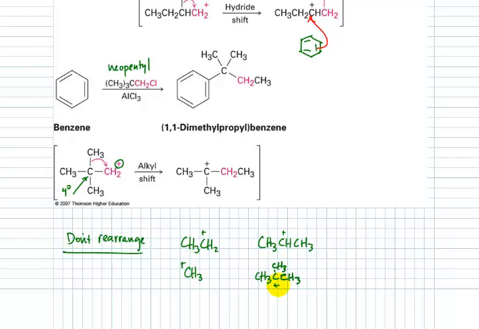Okay. Those are all safe for Friedel-Crafts alkylation. Anything more complicated than that is prone to a rearrangement. Okay? So keep that in mind.